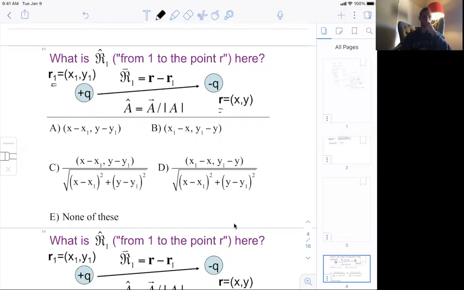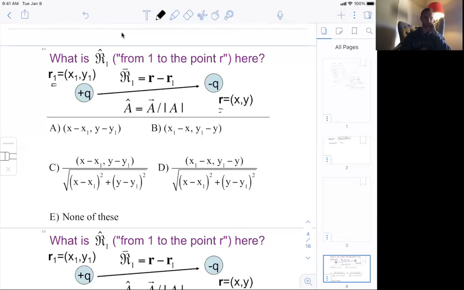I'm going to close it and then let's take a look. It seems like the majority of us voted for C, and there are some votes for A as well. So let's take a look.